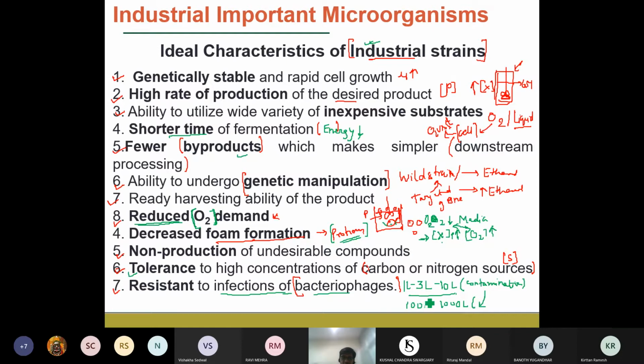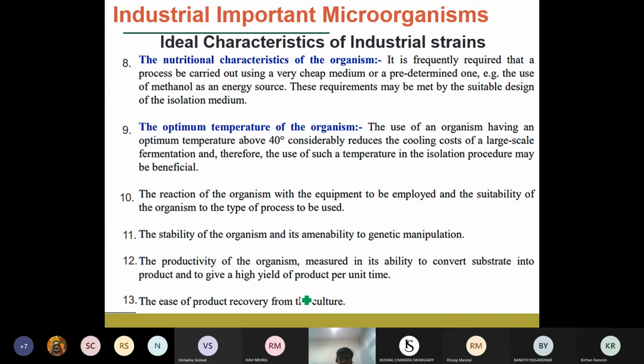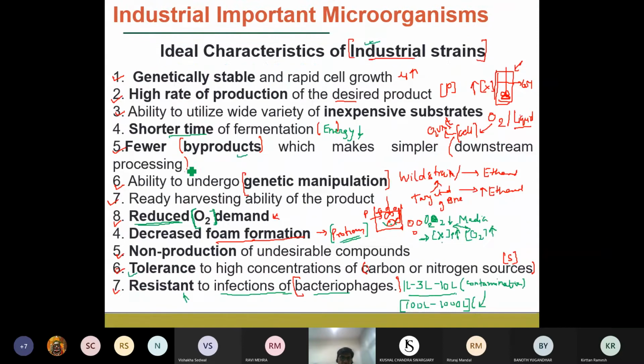We need to maintain very sterile conditions, and since microorganisms get contaminated very easily, you have to design microorganisms resistant to infections or contamination as such. So we have looked into these 7 points.